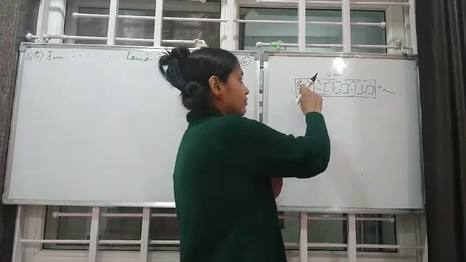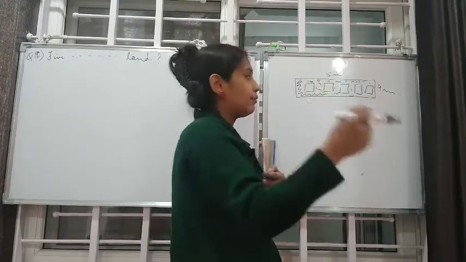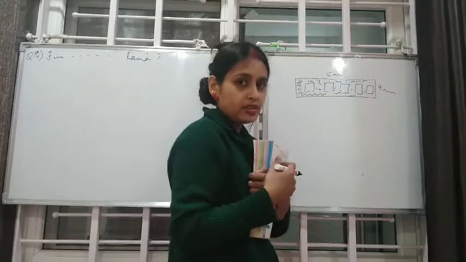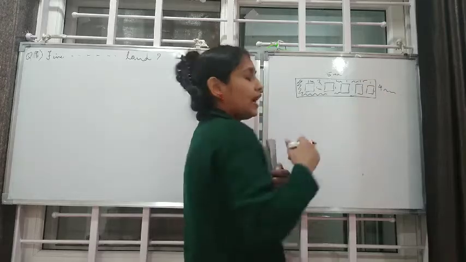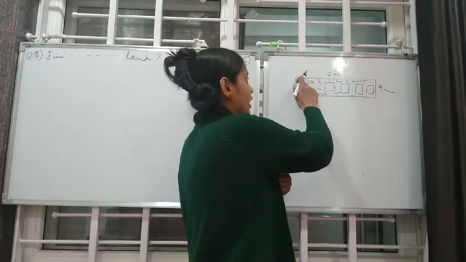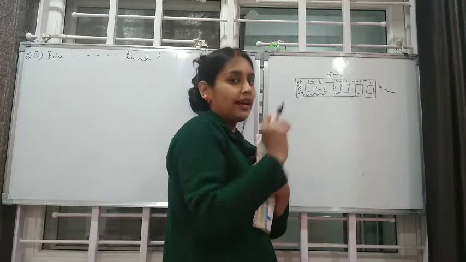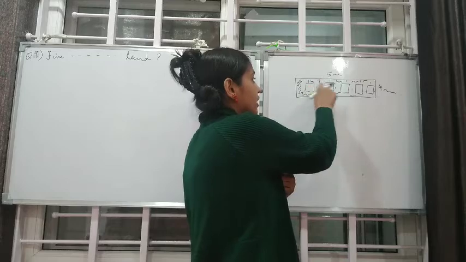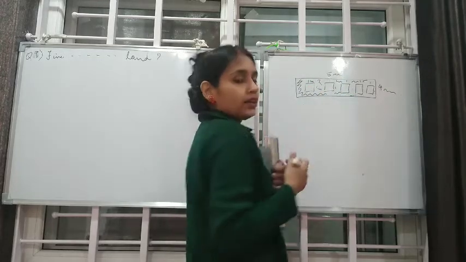Once again, we will find the area of the first flower bed, multiply it by 5, it will become the area of 5 flower beds. After that, we find the area of the land, and then we have to find the remaining part where the flower beds are not dug. For that, we minus the 5 flower beds from the total area.